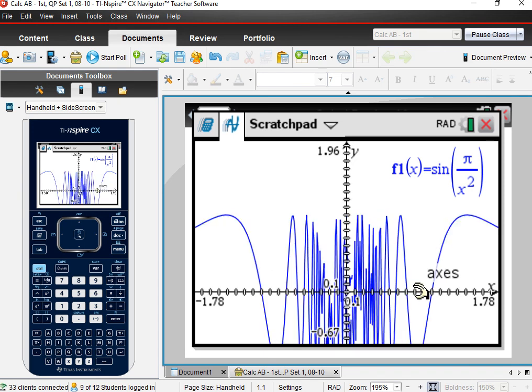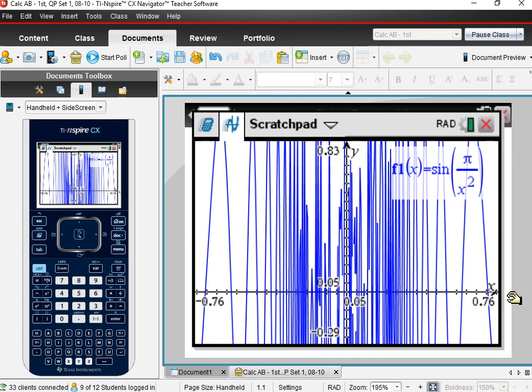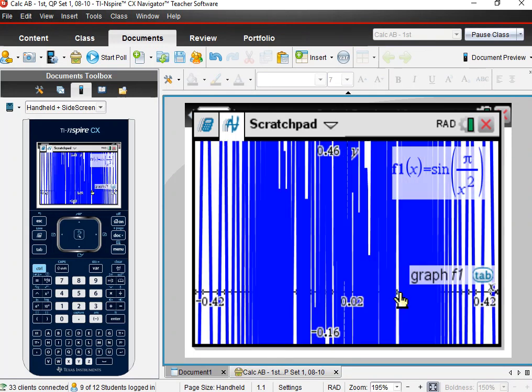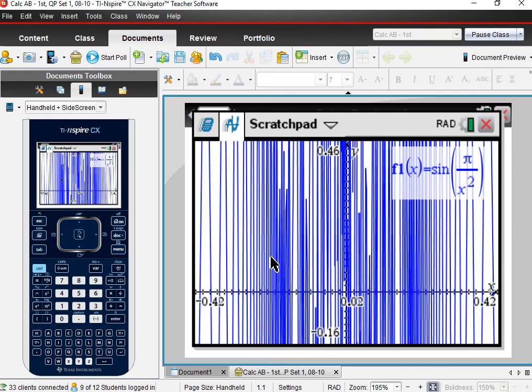Okay, so let's see if I can zoom in closer. Does it look like it's going to a number? I'll keep zooming in. Oh, I can't. What keeps happening here?